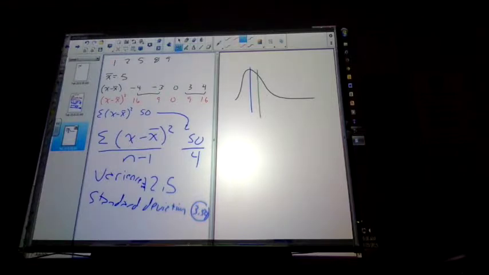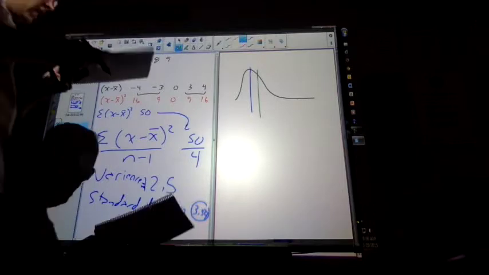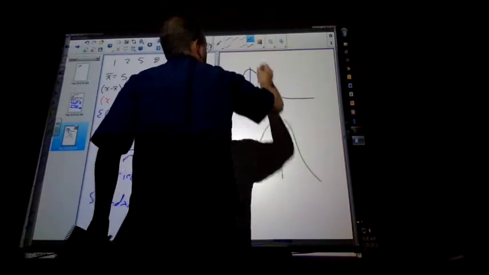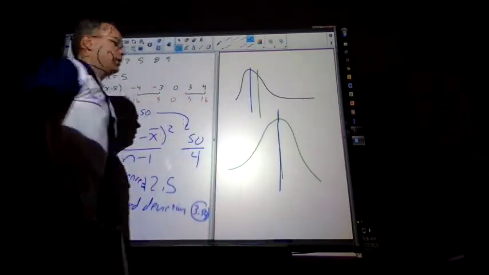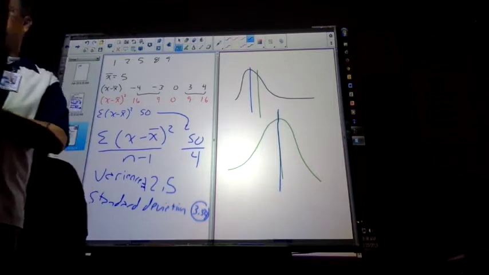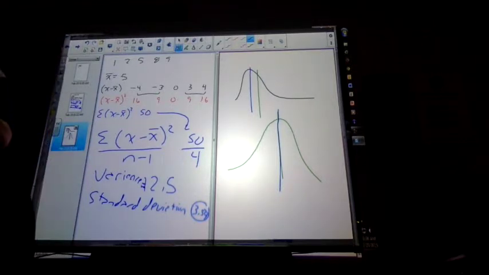Green. What would the blue one be? The median. Okay, if it's skewed right, the mean gets tugged the direction that the longer tail is. If a set of data is symmetric and unimodal, so a bell curve, then which would be larger, the median or the mean? They're the same. Okay? They're equal to each other.